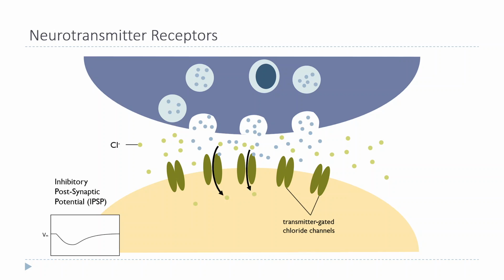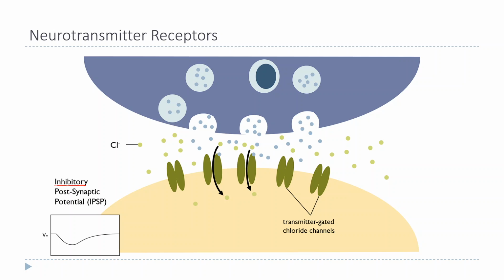Either way, you're reducing the likelihood of an action potential, because you're either lowering the membrane potential or keeping it close to the resting potential. In either case, we call that inhibitory, because it's making it harder for the cell to produce action potentials. Not impossible: if the excitatory postsynaptic potential is greater than the inhibitory postsynaptic potential, you could still have action potentials.